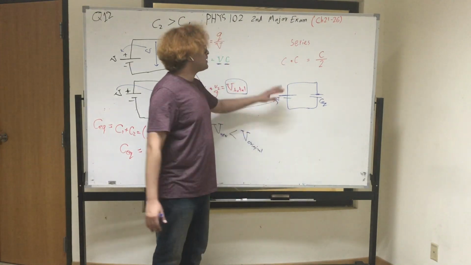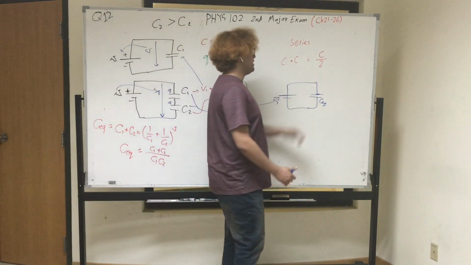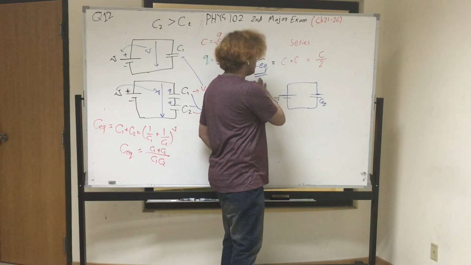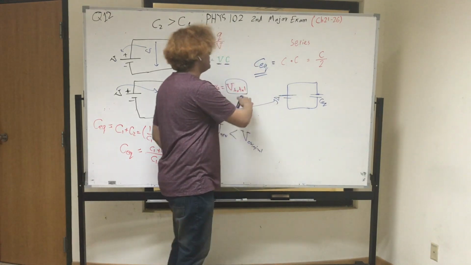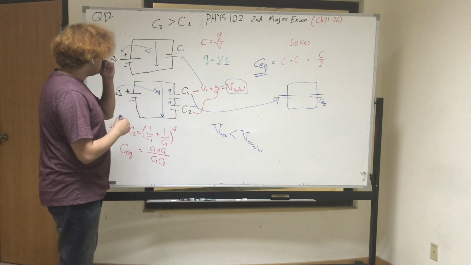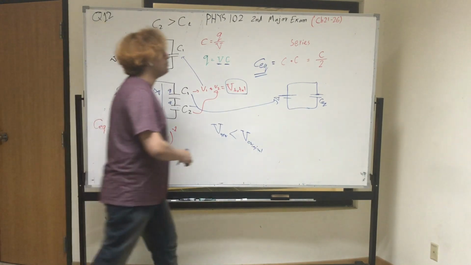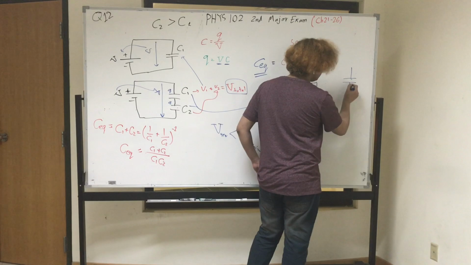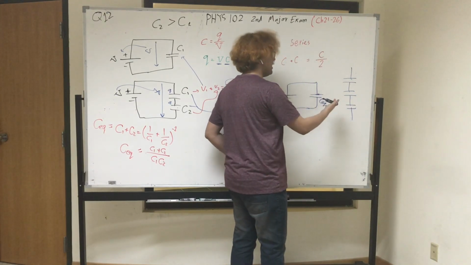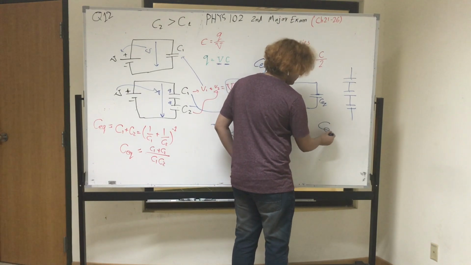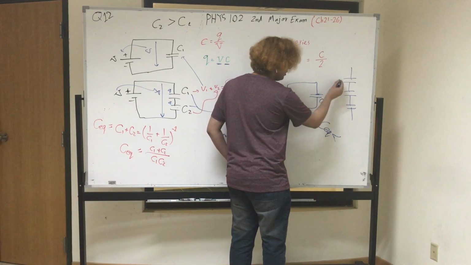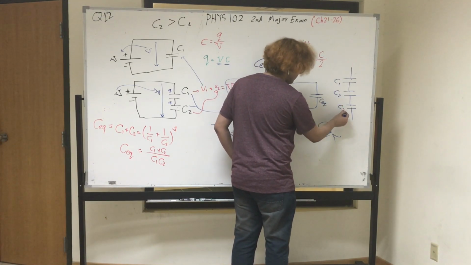When we add capacitors in series, the equivalent capacitance must be less than any of the individual capacitances. If you have any number of capacitors in series, the equivalent capacitance is less than each of the individual capacitors.